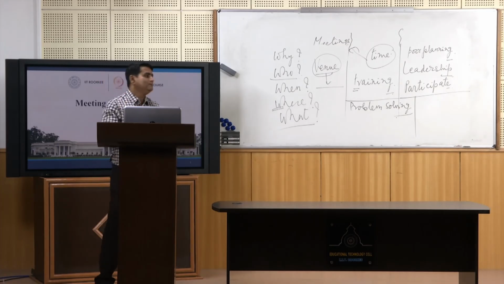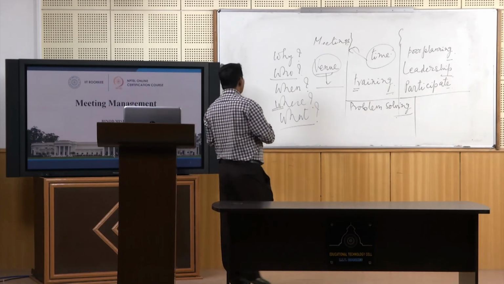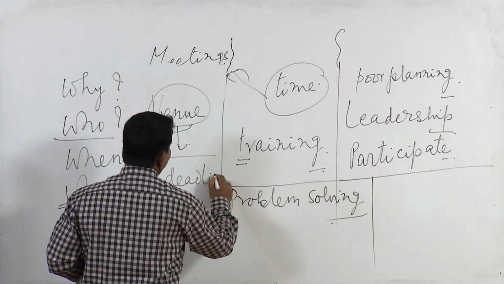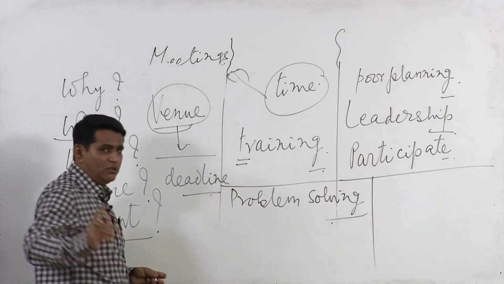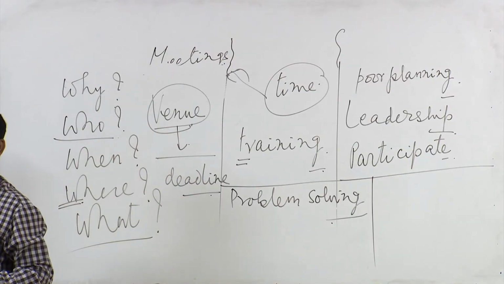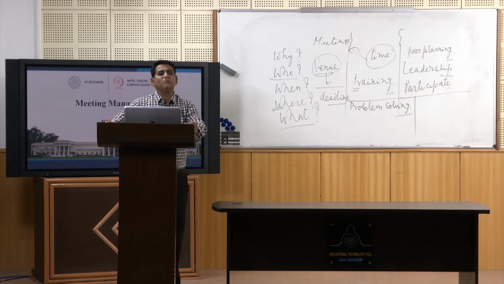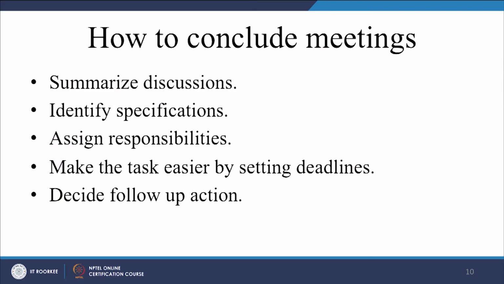You can also provide a deadline or give a time limit for the task to be finished. You can make the task easier by setting deadlines, and do decide a proper follow-up action.